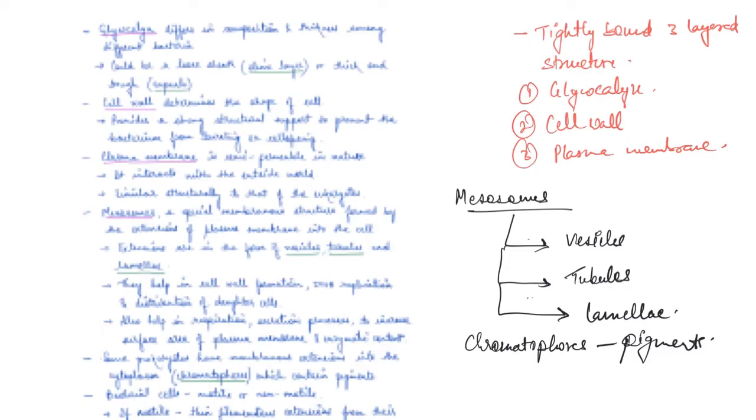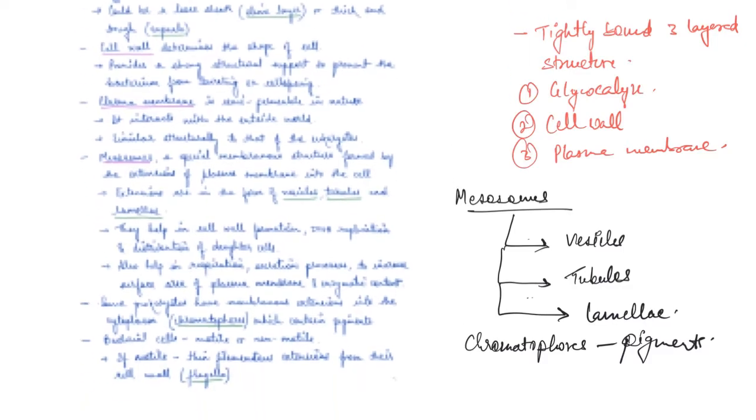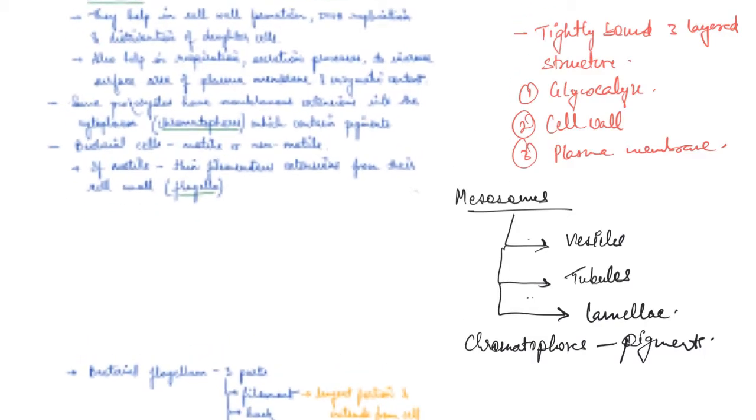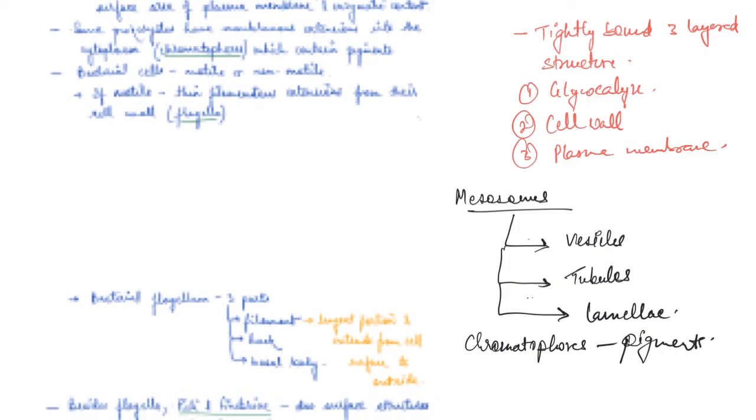Now, bacterial cells can be motile or non-motile. If they are motile, they have thin filamentous extensions, and these extensions are known as flagella. They show a range in number and arrangement of flagella, right?